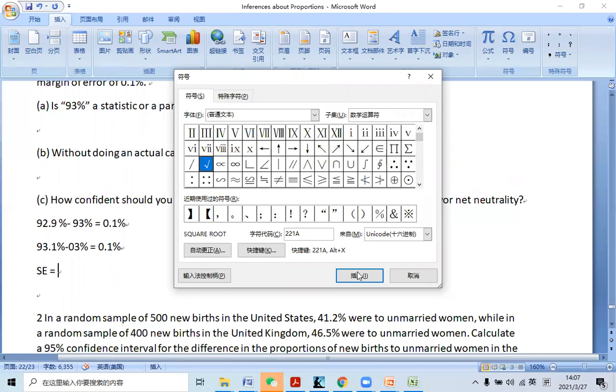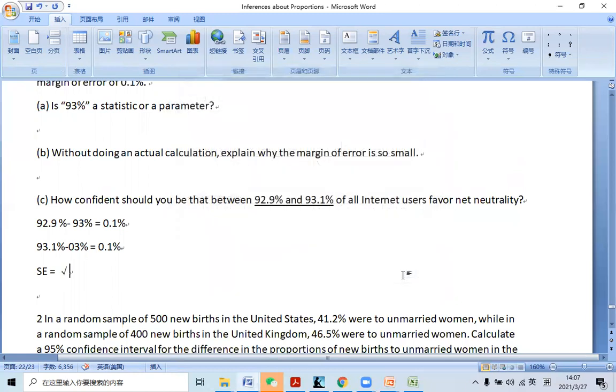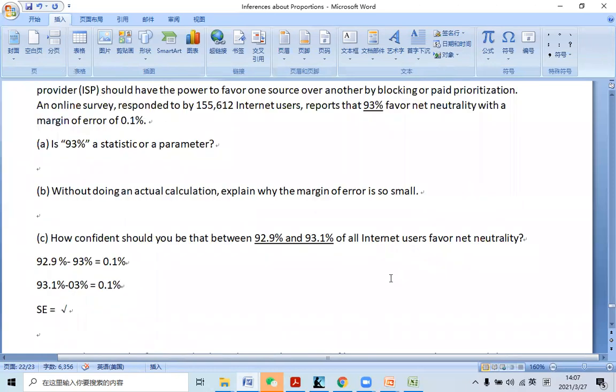Here. You can take the square root of 93%, right? 0.93 times 1 minus 0.93. You want to divide it by n.